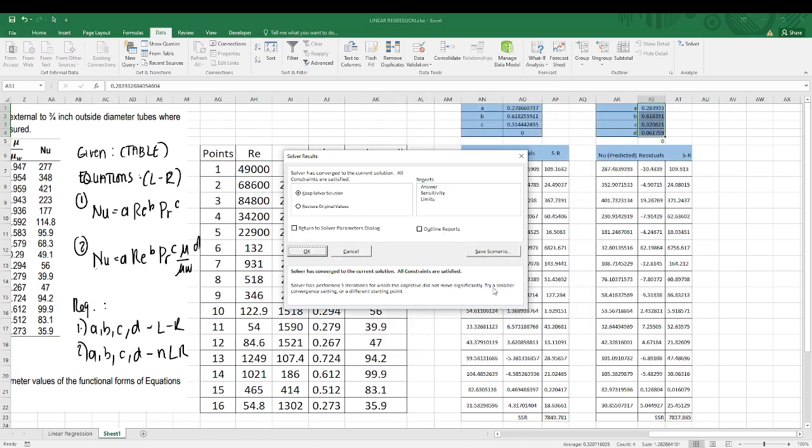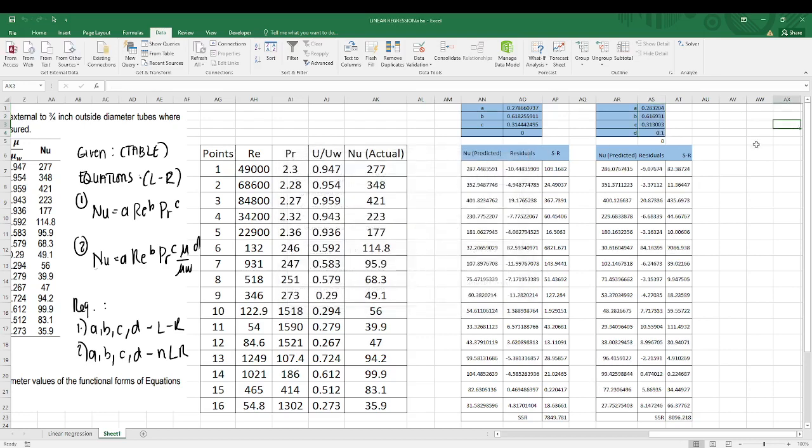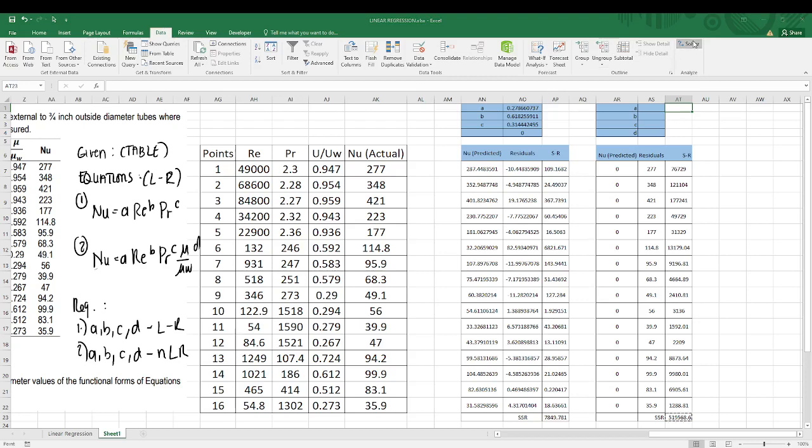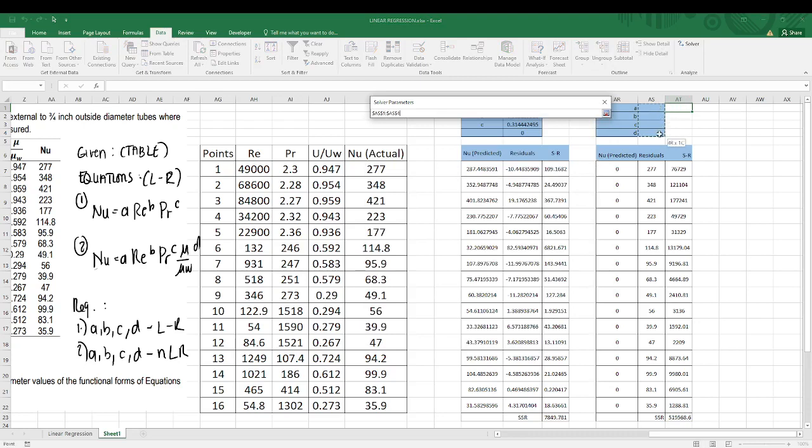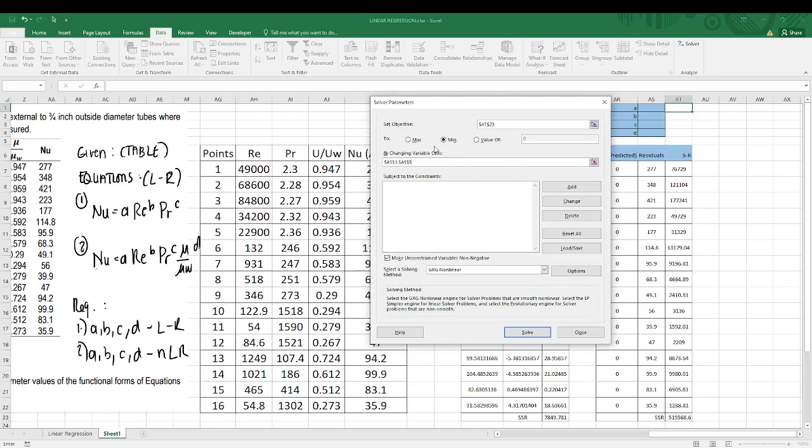They are dependent on each other. Again, solver method, changing this one, to minimum.